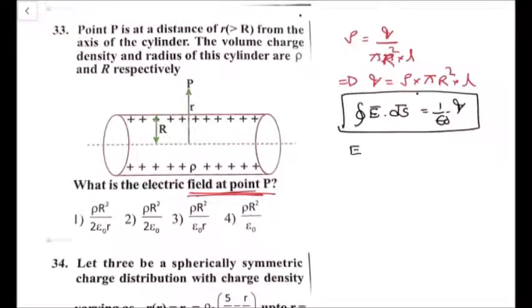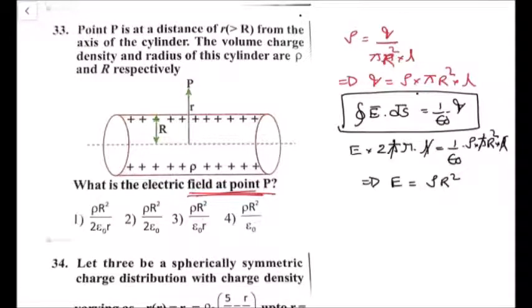So here E into integral ds, nothing but total surface area 2 pi r into L. So here we have to imagine a cylindrical Gaussian surface passing through the point P, whose surface area is 2 pi r into L, that is equal to 1 by epsilon naught into Q, nothing but rho into pi R square into L. So after simplification, you will get intensity of electric field E is equal to rho capital R square by 2 epsilon naught r. So this is given in option number 1.